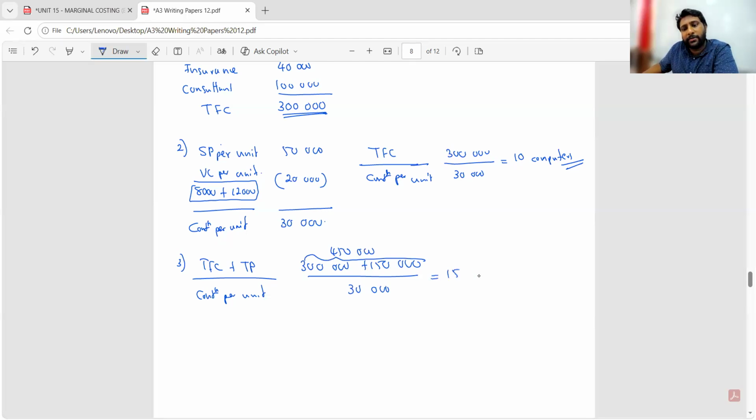How many computers? 15 computers. These workings, always show these workings. No need to write the formulas, show the workings.